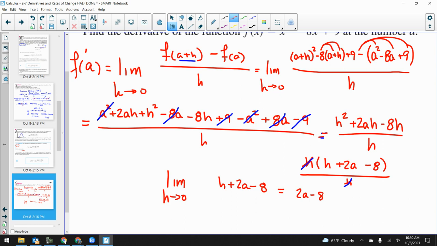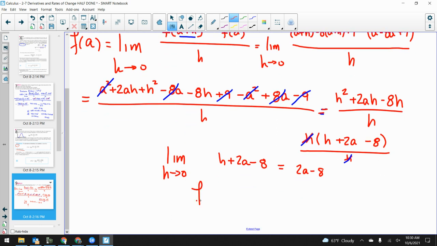So we can say f prime of a is equal to 2a minus 8. Cool. So we say that the derivative of that function at a is 2a minus 8.